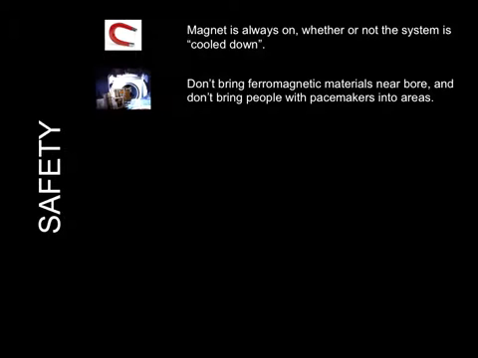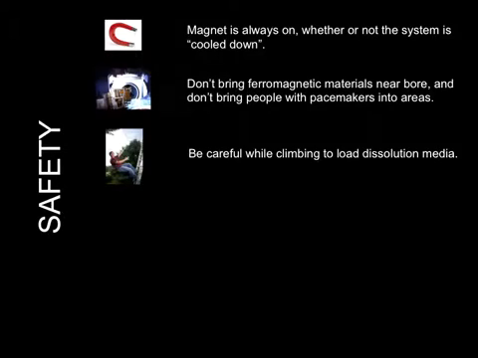So you just want to be careful around these magnets. This, of course, is less of an issue than it is for a clinical MRI scanner, where there's a much larger fringe field. But you still don't want to bring ferromagnetic materials near the bore. It's just good practice in general to be aware of these fields, and not bring people with pacemakers in the vicinity of these high magnetic fields.